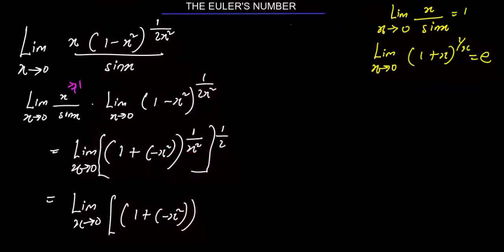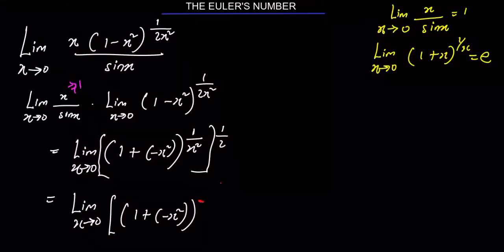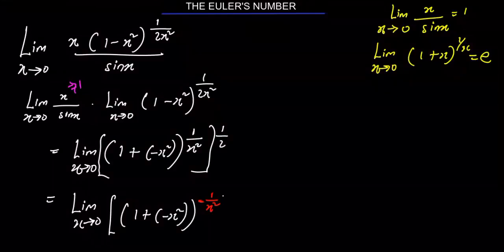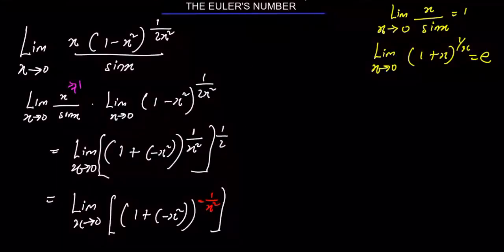I can just do something like this. Negative 1 over x squared. So I'm having negative x squared. Then I'll come here and put another negative, another negative 1 over 2. So if I multiply out like this, it will still give me what I'm having here.